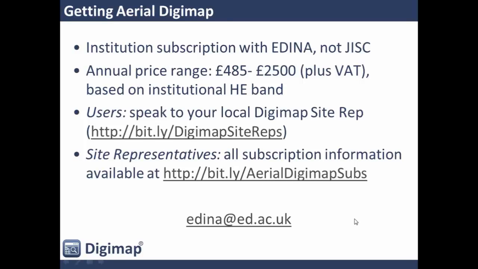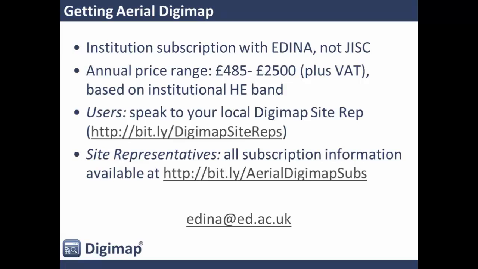So I did say at the very start, there are lots of different types of aerial imagery. We've got the vertical aerial imagery, and it is just red, green, blue values. So the question came in around different types, if it's infrared or RGB values. We just have the RGB data at the moment. If there's demand for other types of aerial imagery or post-processed aerial imagery, it is something that we could look at adding to the service.